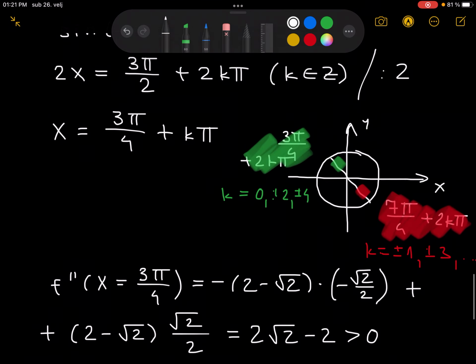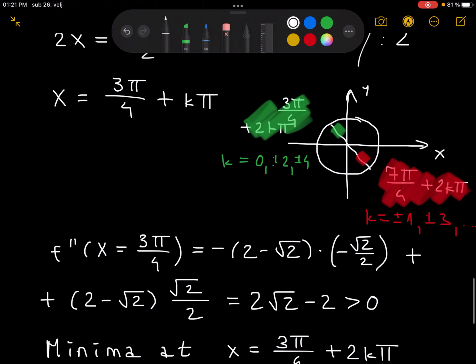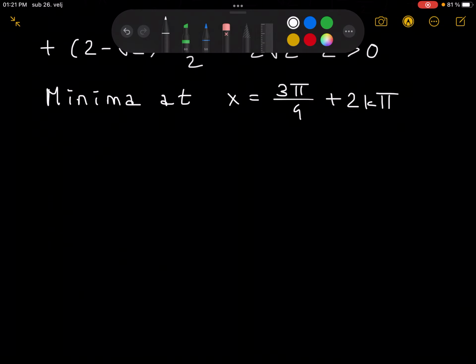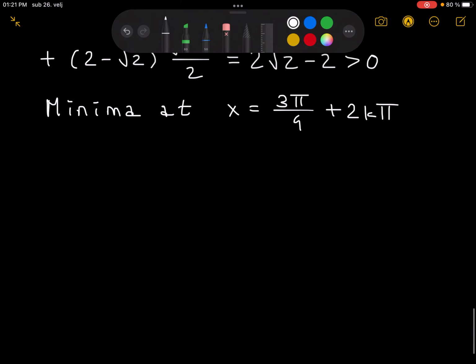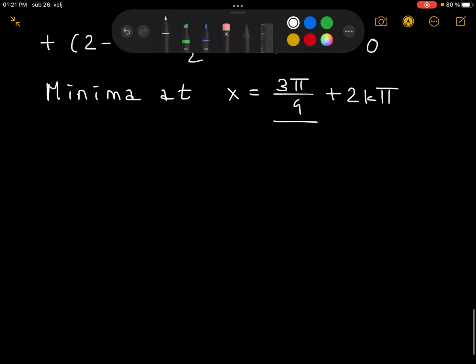Okay? So, let's go ahead and calculate one of those minimums. We can just plug in 3 pi over 4.